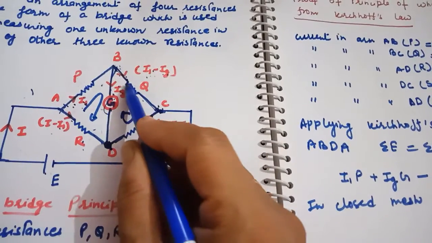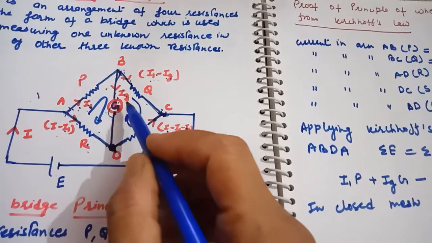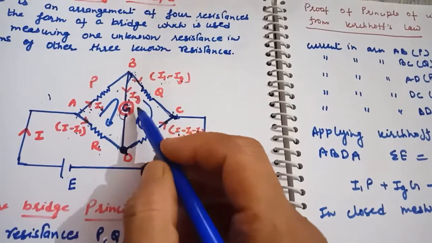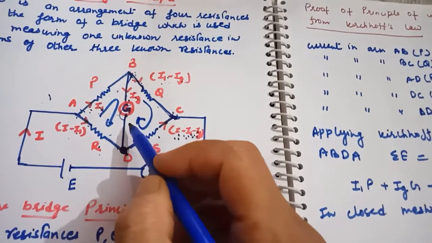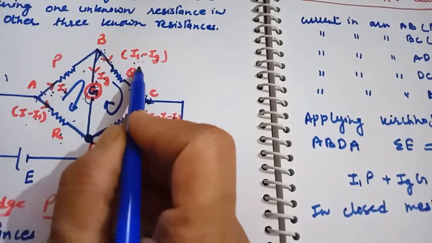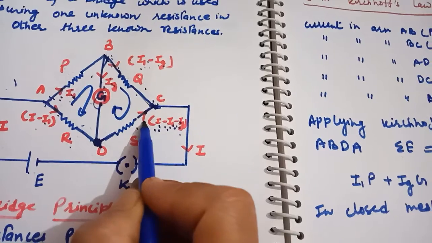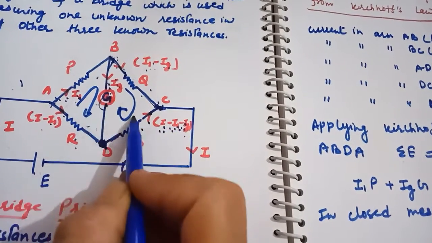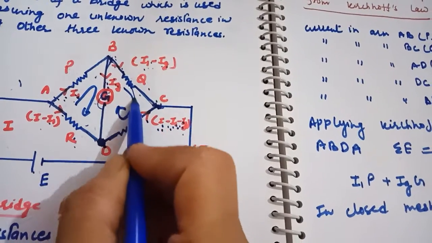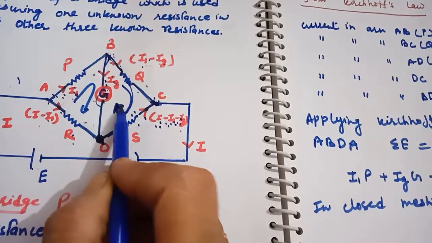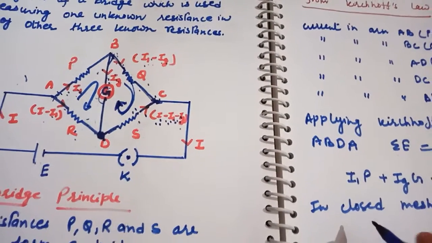The current flowing in the clockwise direction will be taken as positive, and the direction opposite to clockwise will be taken as negative. See, this I1 minus Ig is flowing in the clockwise direction in Q, but this current and this current both are opposite to the assumed current direction, so they are taken as negative.